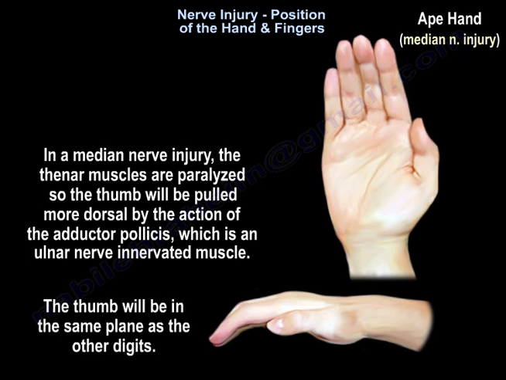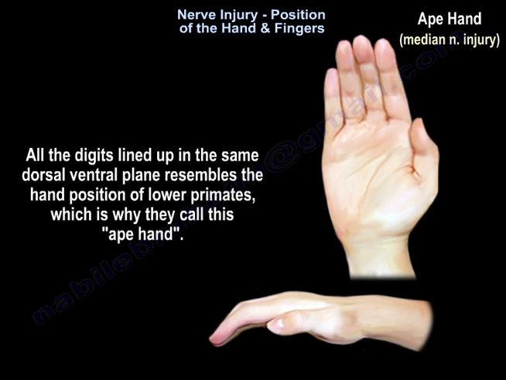So the thumb will be in the same plane as the other digits. All the digits lined up in the same dorsal-ventral plane resembles the hand position of lower primates. That's why they call it ape hand.